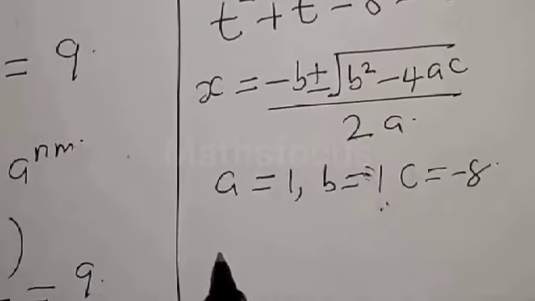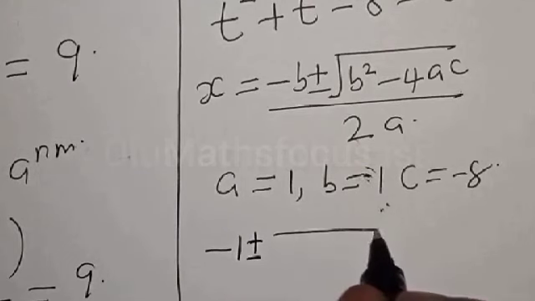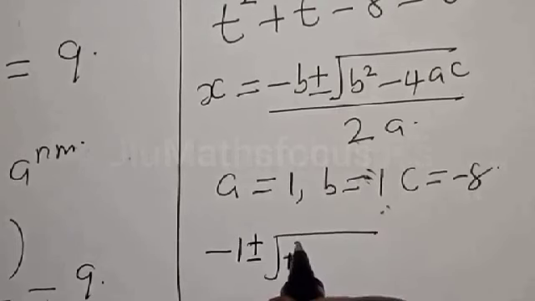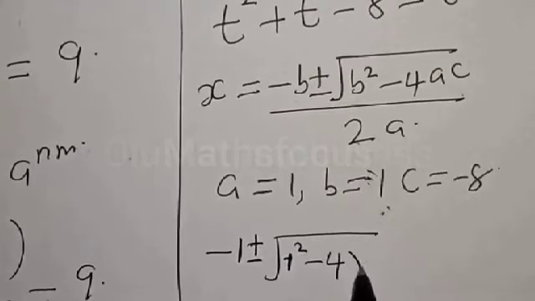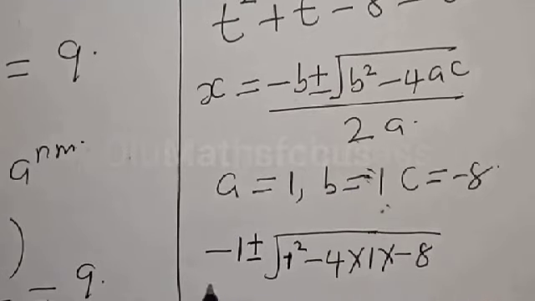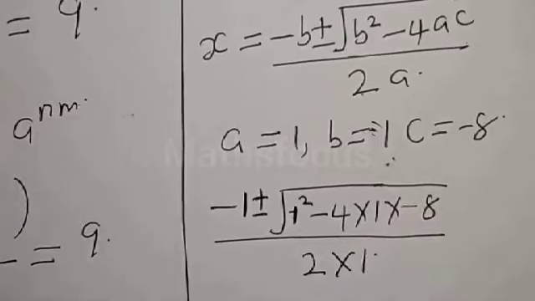Then we have minus 1 plus or minus square root of 1 squared minus 4 multiplied by 1 multiplied by minus 8, divided by 2 multiplied by 1.